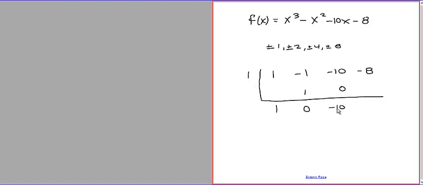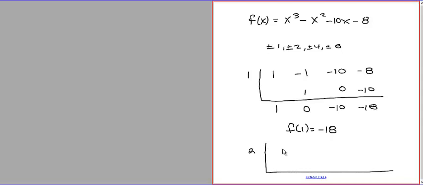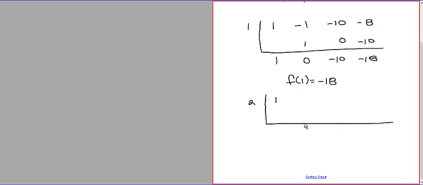Negative 10 plus 0 is negative 10. 1 times negative 10 is negative 10. Add these together, you get negative 18. So that says f of 1 is negative 18. Okay, so that is not a 0. So let's try 2. We could have also tried negative 1, gone the other direction, see what happens.